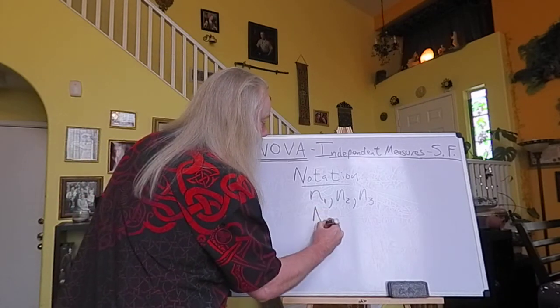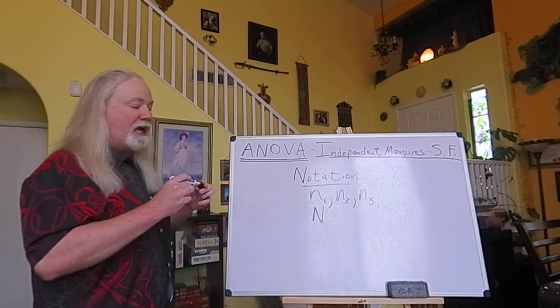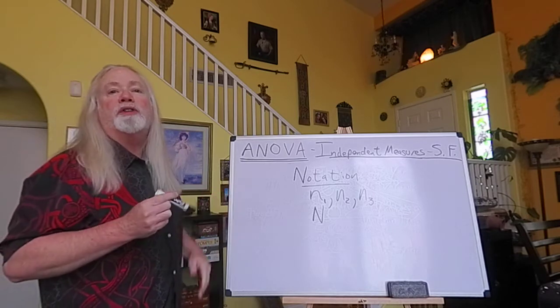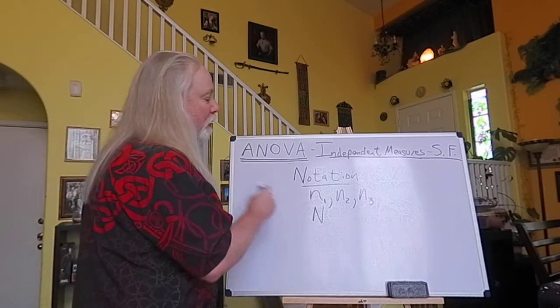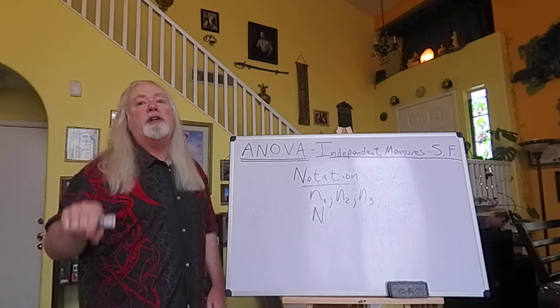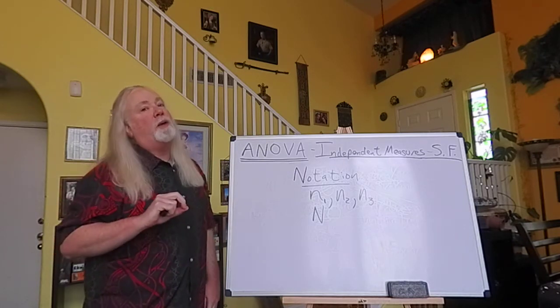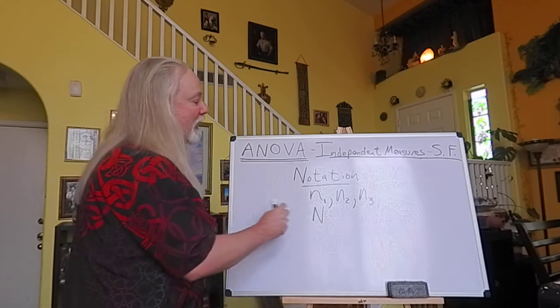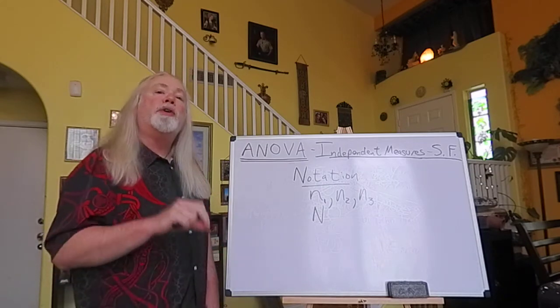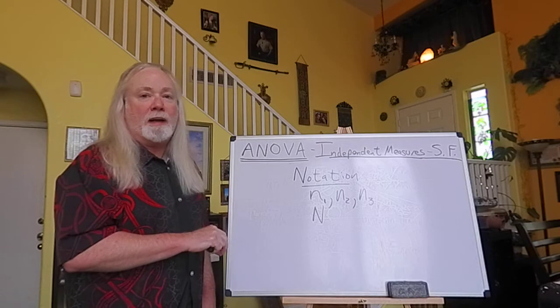Next, capital N. Now the lowercase n really means more or less what it's always meant. Starting in chapter 1, we started using the capital N to say it's the number of scores from a population. We're twisting that a little bit in this chapter. What we're going to say is that the capital N is the total number of scores in the study.